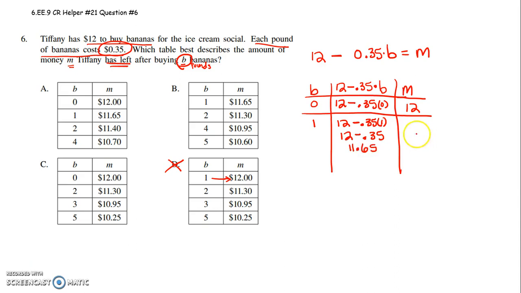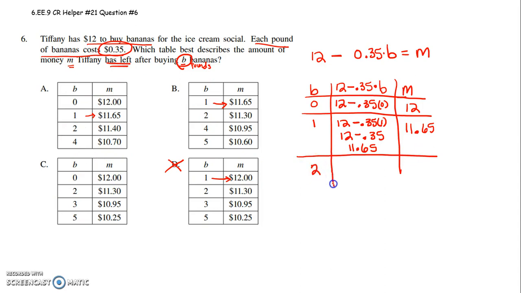That seems reasonable. So after 1 pound is bought, you still have $11.65. So across from 1, I need to see $11.65. And this doesn't have a 1, so can't check that. So all 3 of those tables are still in play.